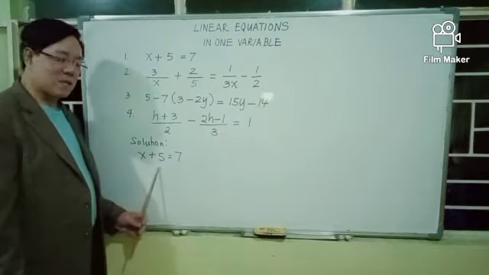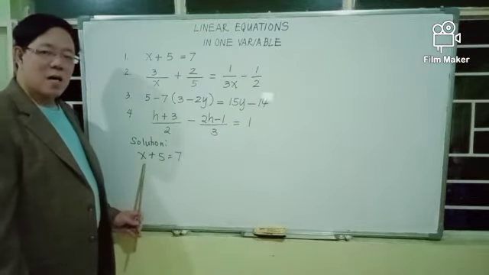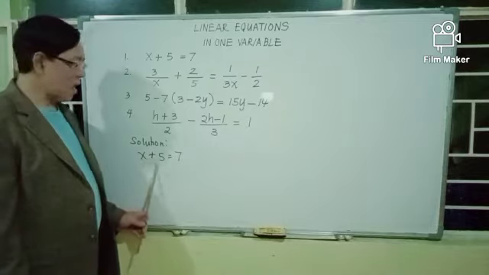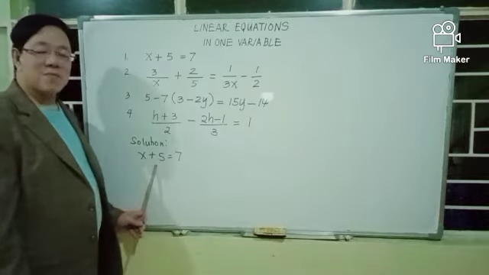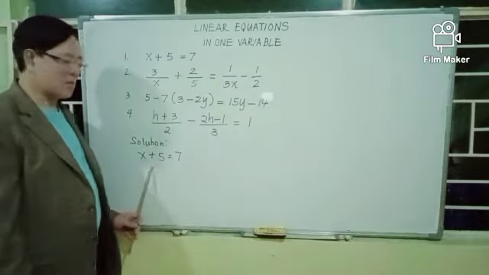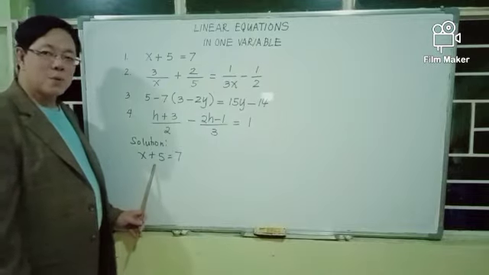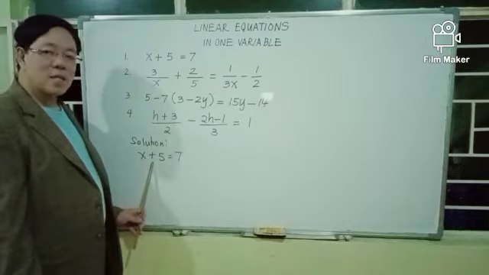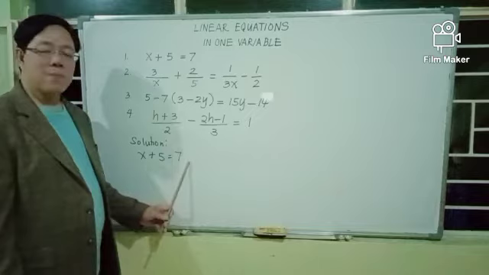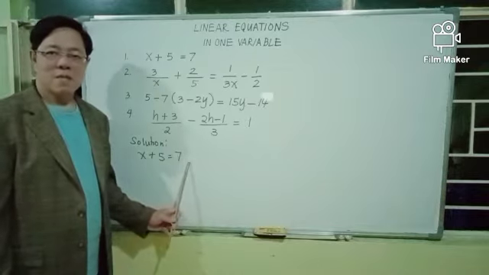But at the left hand side, x is not the only term. There is plus 5, a constant, at the left hand side. And we have to bring this positive 5 to the right hand side.